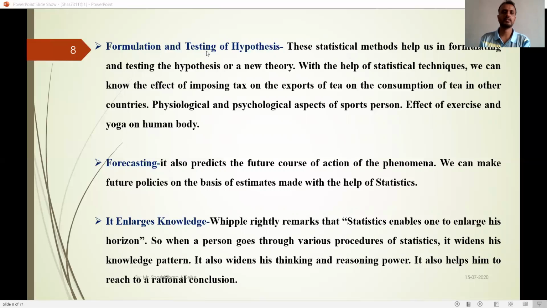This is one of the most important aspects in research, as well as in physical education and sports science research.